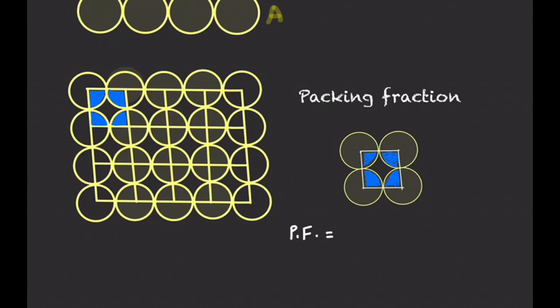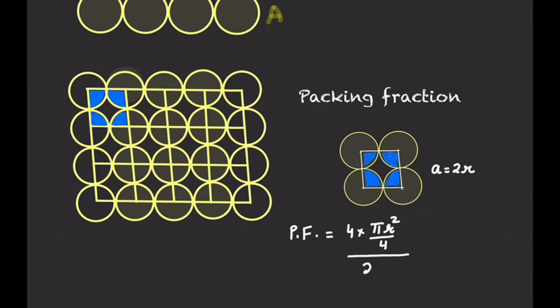So area occupied, there are 4 circles in this square, but for each circle, only 1/4 of the circle is present in this square. So we can say that area of the circle is πr² divided by 4. So this is the total area occupied by these circles in the square, upon the area of the square. So area of the square, if you see that the edge length of the square is equal to 2 times the radius of the atom or radius of the circle.